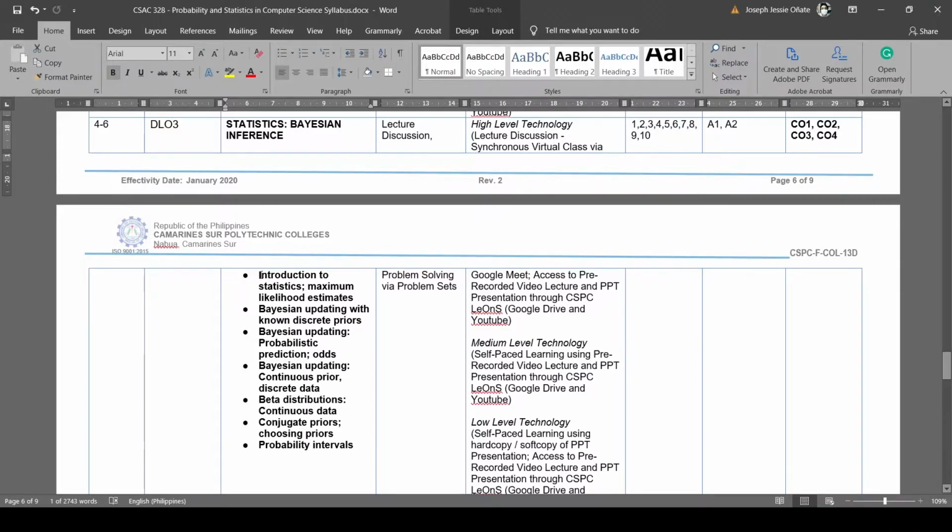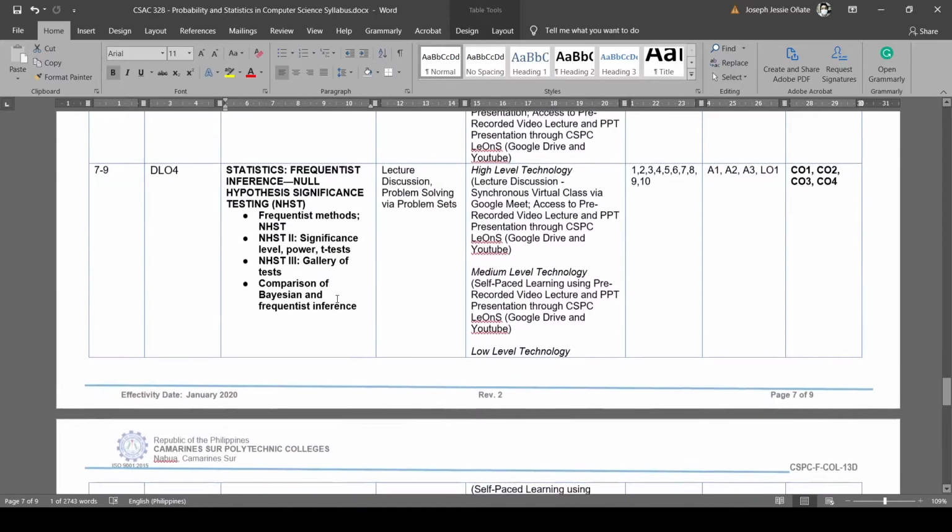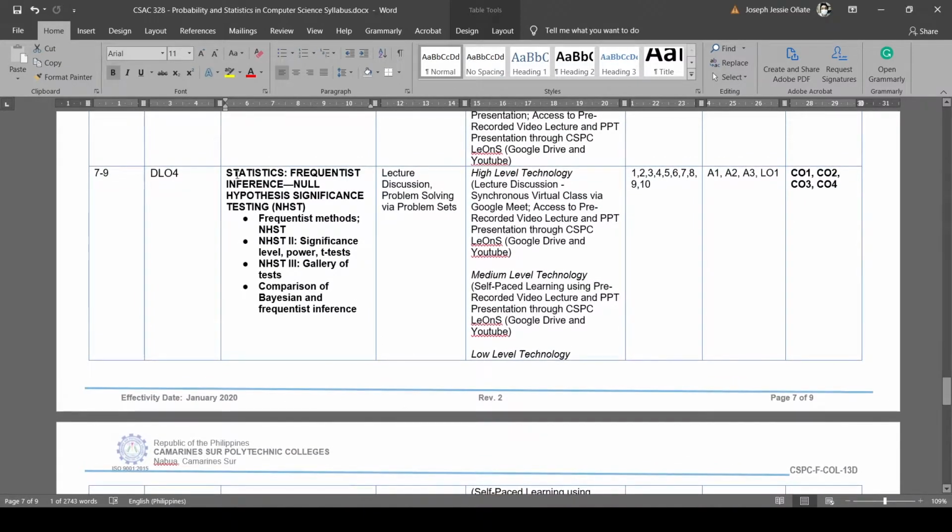Under Bayesian inference, it will include the topics: introduction to statistics, maximum likelihood estimates, Bayesian updating with known discrete priors, Bayesian updating, probabilistic prediction, odds, Bayesian updating with continuous prior and discrete data, beta distributions, continuous data, conjugate priors, choosing priors, and probability intervals.